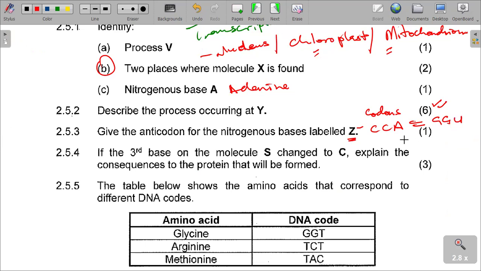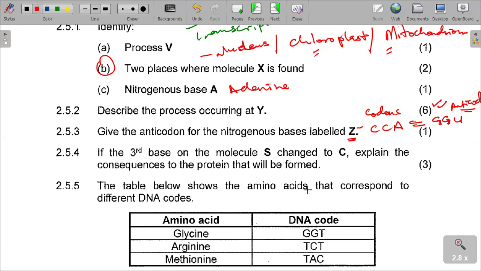GGU, because in terms of their pairing, we no longer have T, but we have got U. So these are the codons, and then the anticodons are given there, which is GGU.